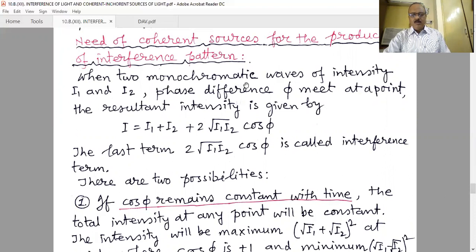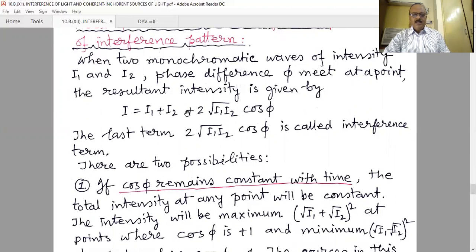When two monochromatic, meaning single color, single frequency, waves of intensity I1 and I2, with phase difference phi, meet at a point, the resultant intensity is given by this. Already we have calculated it. Resultant intensity I will be I1 plus I2 plus 2 root over I1 I2 cos of phi. This term, 2 root over I1 I2 cos of phi, is called the interference term.